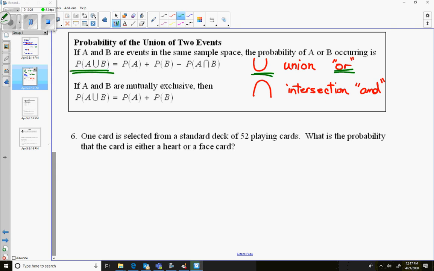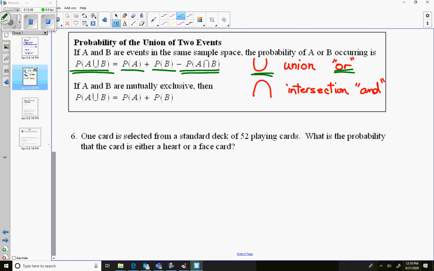So the probability of A or B will equal the probability of A plus the probability of B. So we're adding here the probability of the first plus the probability of the second. But you must subtract their intersection.